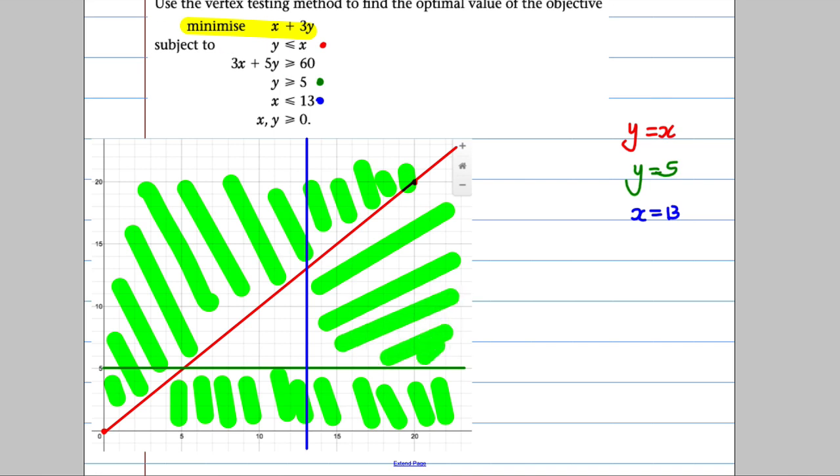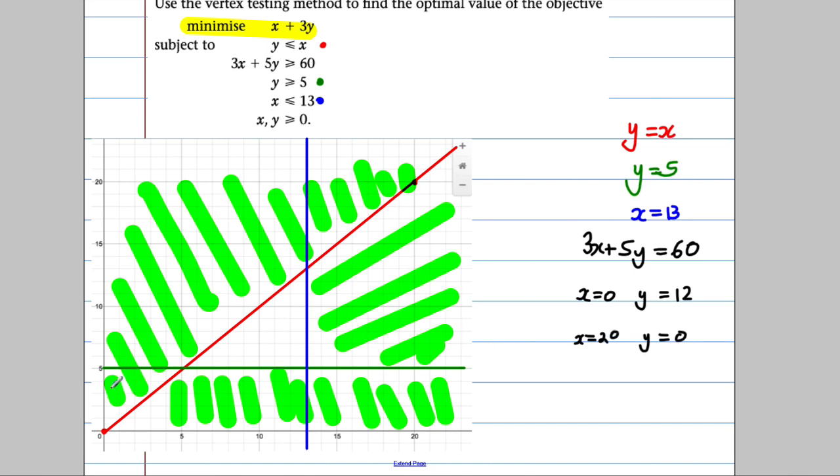Okay, we've got our last constraint here, 3x plus 5y is equal to 60. Okay, so let's do that here. So we want to draw 3x plus 5y is equal to 60. Easiest way to do this is if you let x be 0, then 5y would be 60, so y must be 12. And the other way around, if you let y be 0, 3x would be 60, so x must be 20.